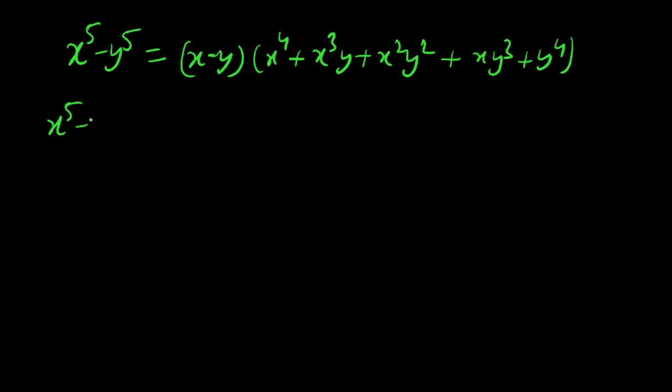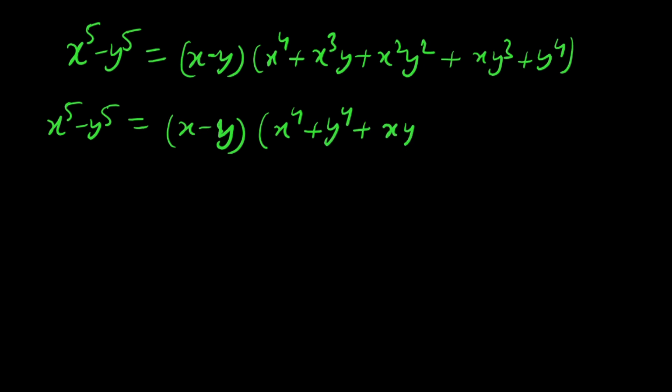Then x power 5 minus y power 5 equals x minus y times, first x power 4, and then y power 4, and then x power 2 y power 2 is the same as x times y whole squared, plus x power 3 times y plus x times y power 3.